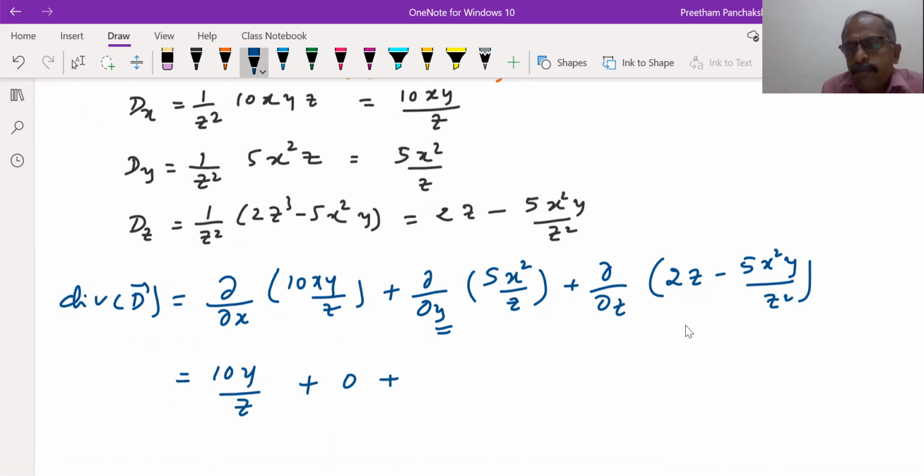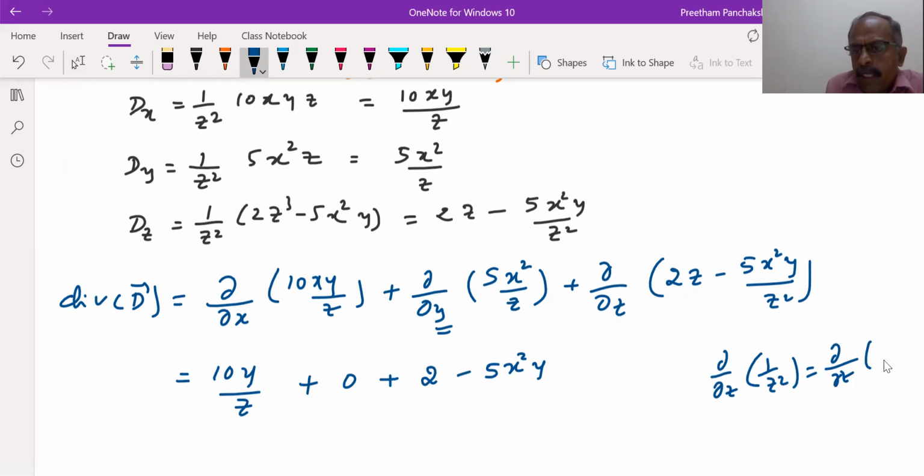And the last term, first we have 2z. Differentiation of 2z is 2 with respect to z, minus. In the last term, 5x square y is constant. So we have to differentiate 1 by z square, which can be done by taking z square to the numerator.